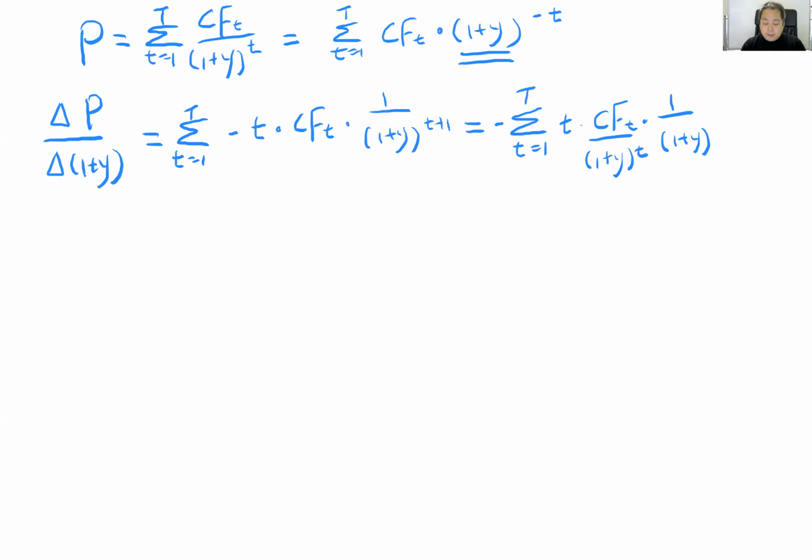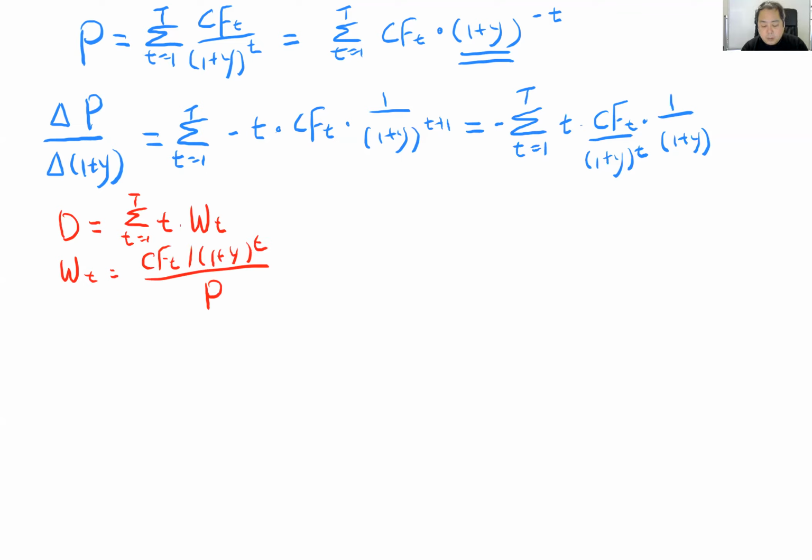Now let's find the definition of the duration. We know that the duration equals the sum of t times weight t, where weight t equals cash flow t divided by (1 plus y) to the t, divided by the price.